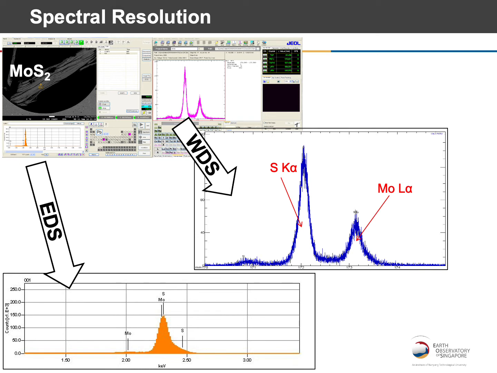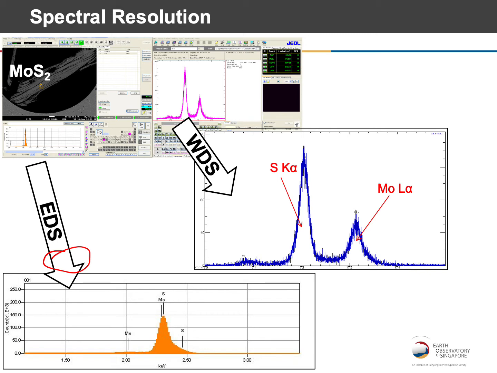Here is the comparison of the performance between the EDS and WDS. We have the EDS here. In a single acquisition, we capture the energy of the X-ray from very low to very high.